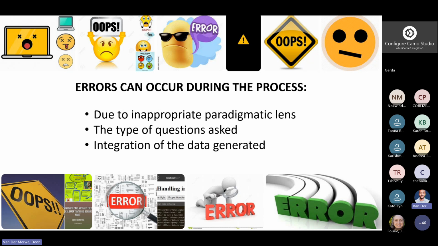These errors can occur due to an inappropriate paradigmatic lens or the type of questions asked, or in regards to how you choose to integrate the data.